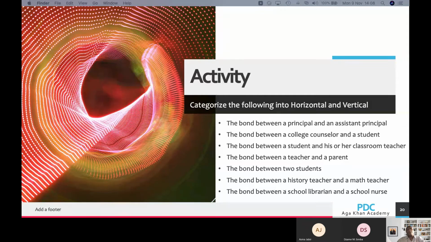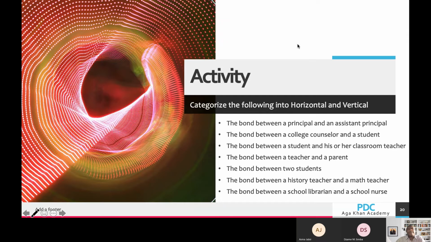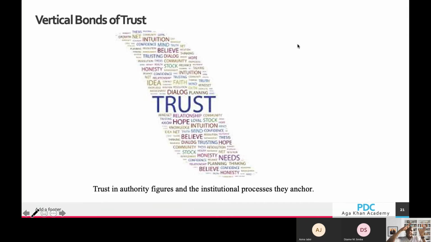How do you know who to bring on board, who to share, and who to give something? As we move on, you'll find out that in that particular case, the vertical is trust in an authority figure.